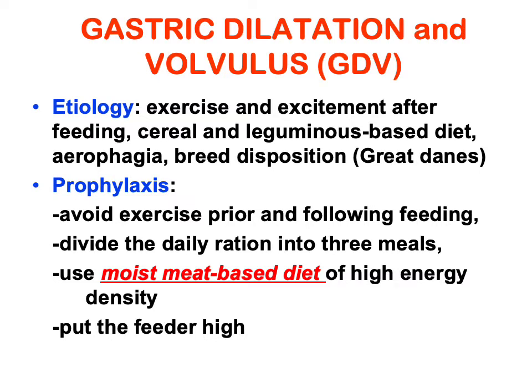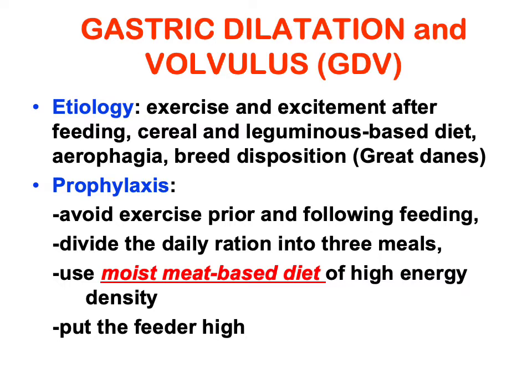The next organ after the mouth and the esophagus is the stomach, and the related problem is the gastric dilatation and volvulus, the GDV. The etiology of the GDV is excitement after feeding, or exercise after feeding, especially if the diet is cereal and leguminous based, which will produce gases.